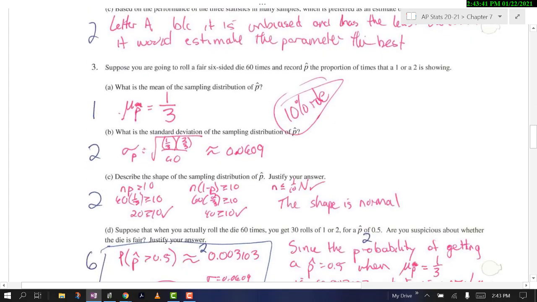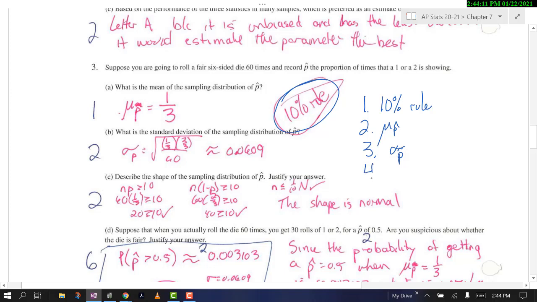Overall, pretty good. Number 3, most of us, if not all of us, forgot the 10% rule yet again. You cannot find the mean and standard deviation unless you apply the 10% rule. So, 10% rule first, then you can get the mean, then you can get the standard deviation.